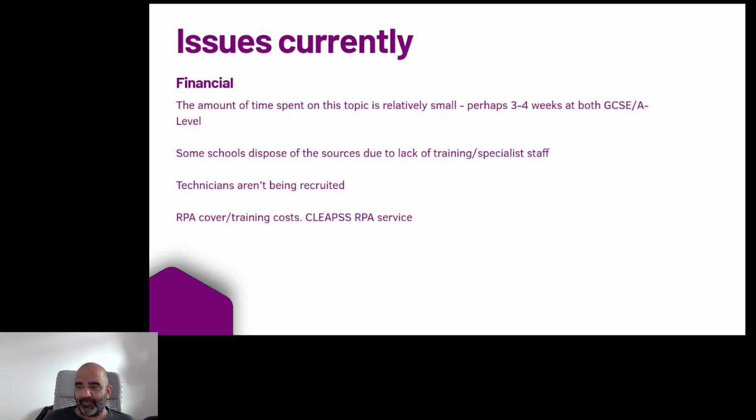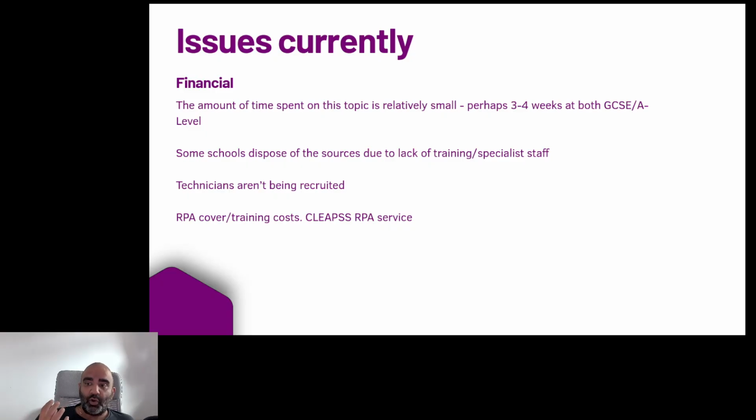Another problem we have is a lack of technicians within the school. Technicians are the backbone of the science department. They're the ones who ensure the practicals are working, offer advice on the practicals, and work with the teachers to set up practicals which are successful. So if schools aren't recruiting technicians, if technicians when they retire aren't being replaced, there is going to be a massive gap in the school.